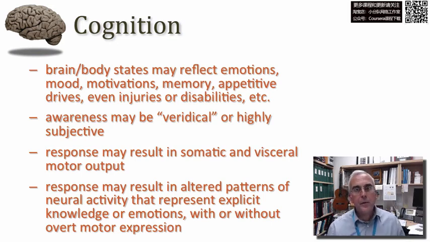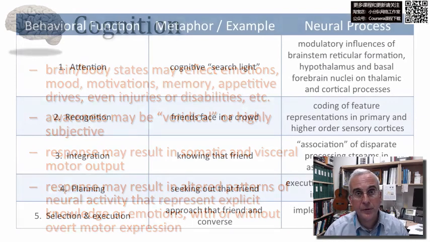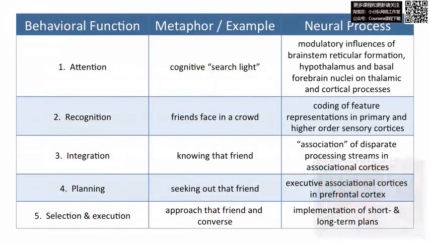Okay, well, I go through all of this to give you a bit of a feel for what are the dimensions of cognition that we want to try to grapple with as we consider the organization and function of the associational cortex. Well, let me try to break it down for you even further. And if you've got your tutorial notes with you, you'll note that this is the table that I've provided for you. And this is really only a provisional framework for our discussions today.